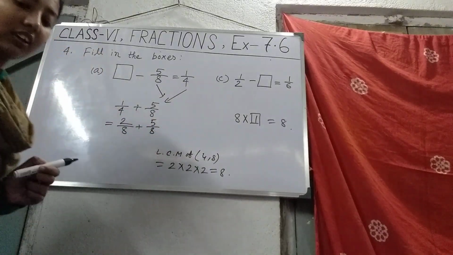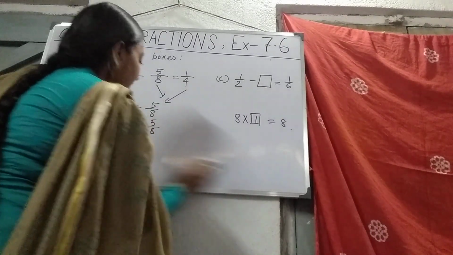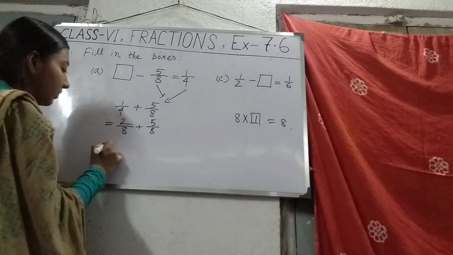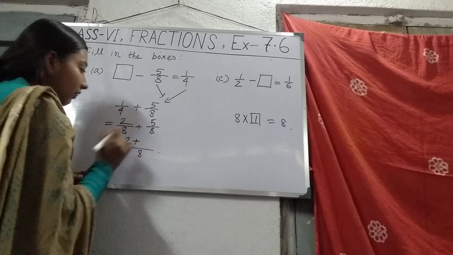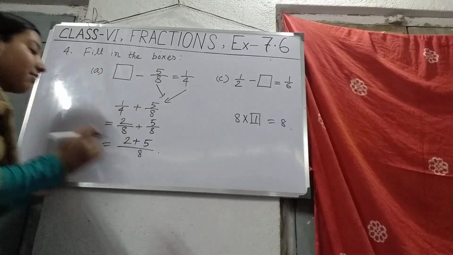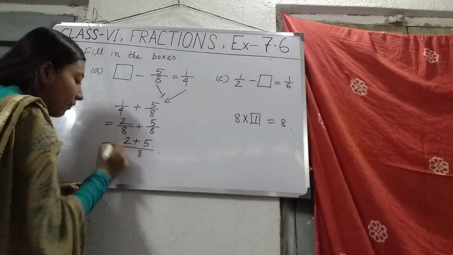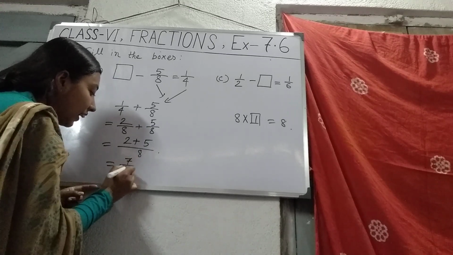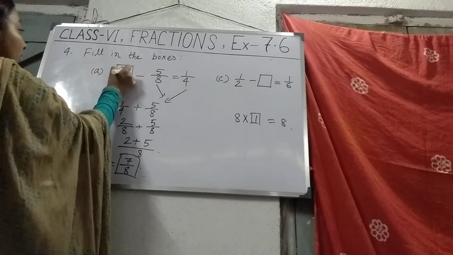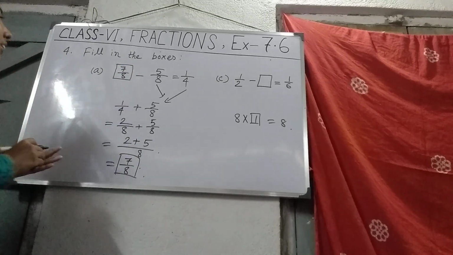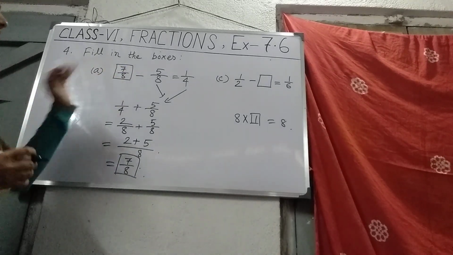Okay. Now we can easily calculate. So LCM will be 8. Now we have to put the numerator's value. So 5 plus 2 comes 7 upon 8. This will be the answer. So in the box, this will be 7 upon 8.